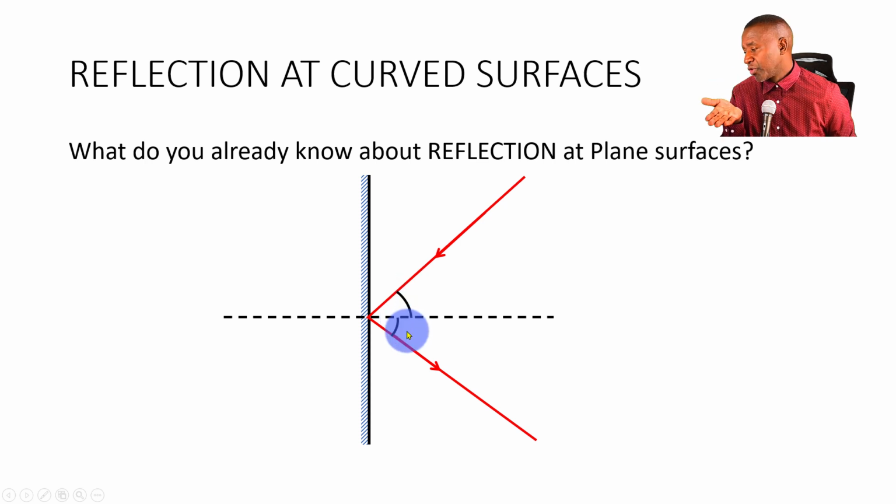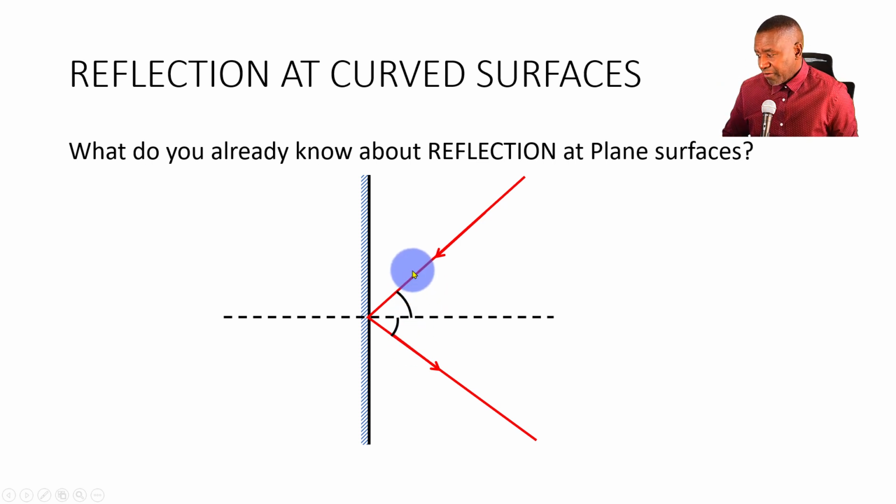And here, of course, we know the first rule for ray diagrams, or the first law of reflection, which states that the angle of incidence is equal to the angle of reflection. So if this is 30 degrees, this one will also be 30 degrees.